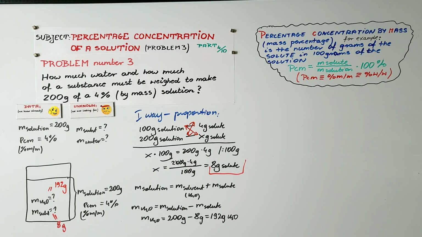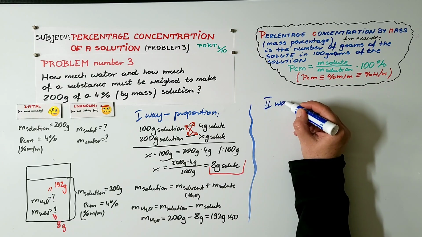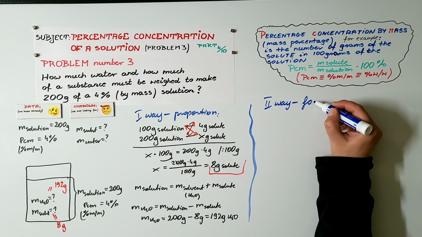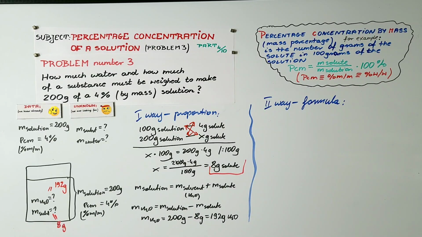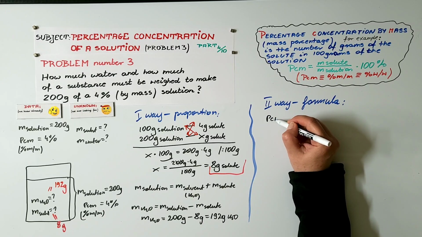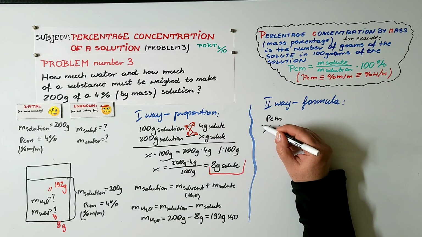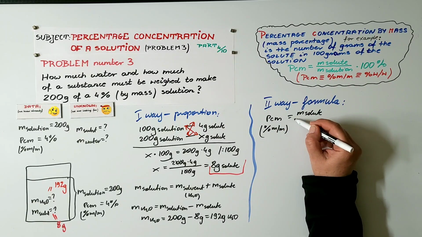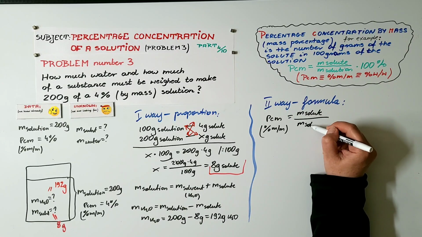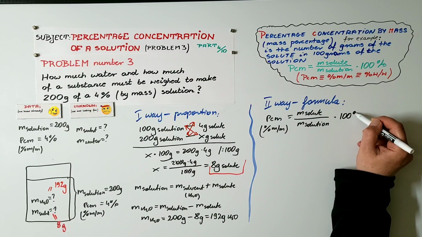Now, let's solve this problem based on a formula. So second way, formula. Percentage concentration by mass, so percent mass over mass, equals mass of solute over mass of solution multiplied by 100%.